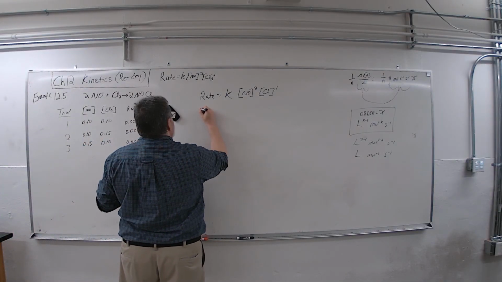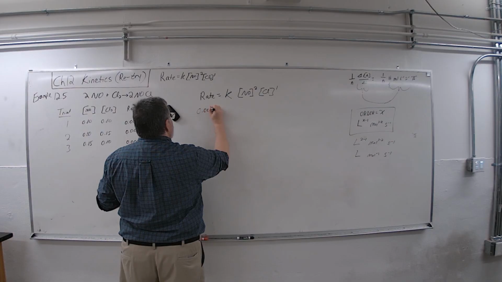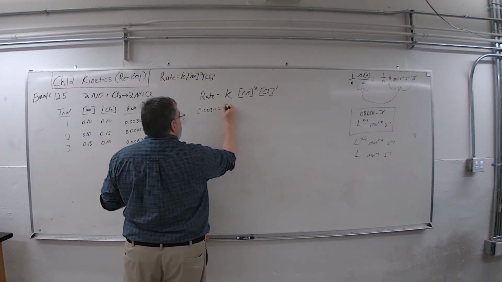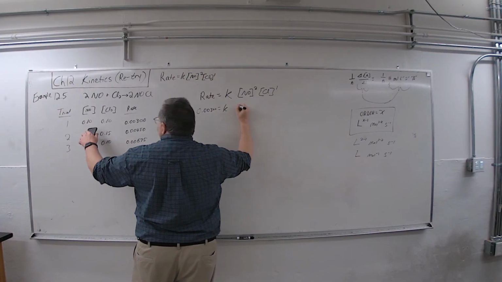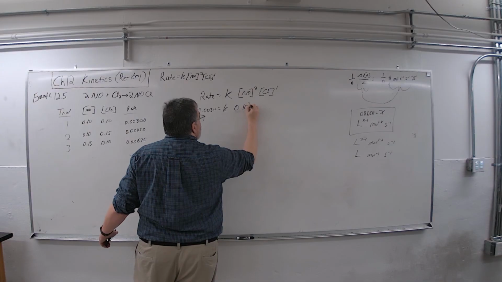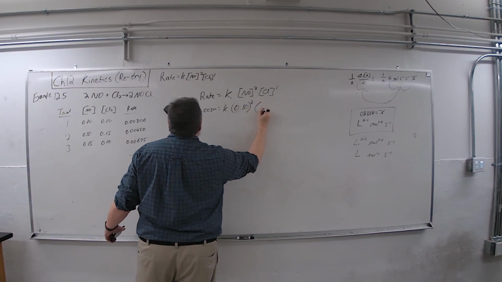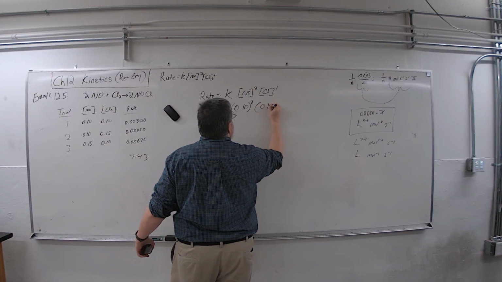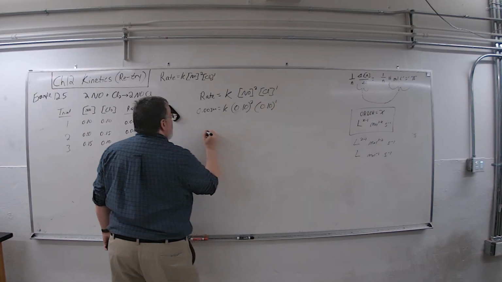Rate. So that's the rate. Equals k. The NO is 0.10 squared. CL is 0.10 to the first power.